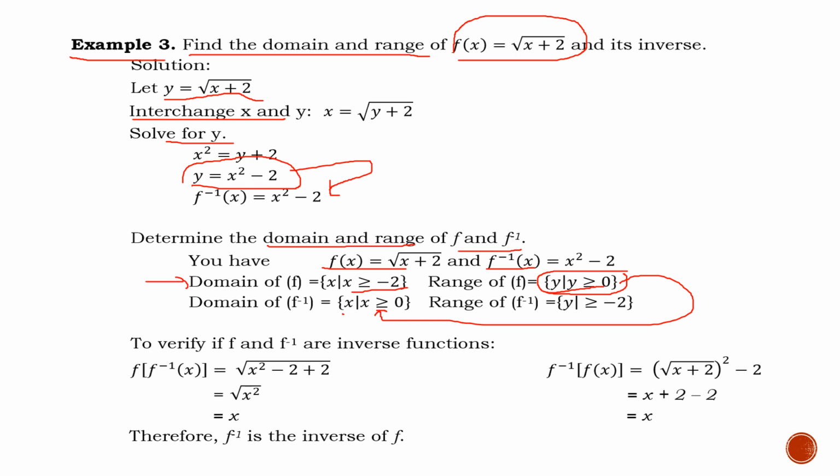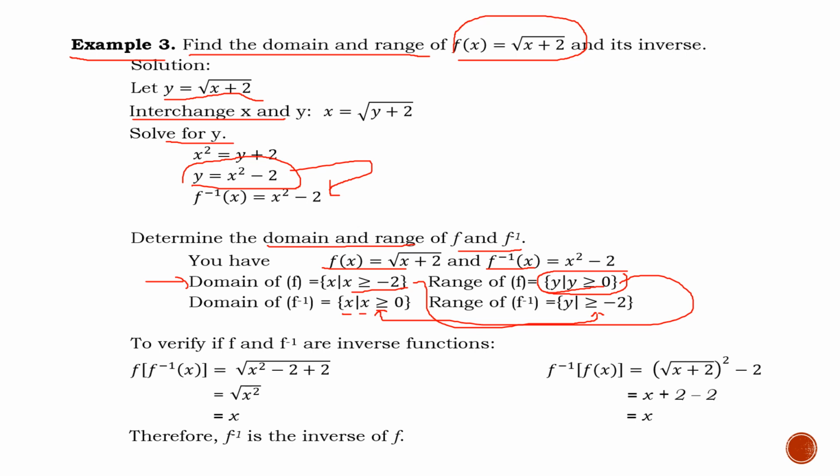That's why x is greater than or equal to 0. It's the same scenario with your range in your original function, and the same thing with your domain in your original function to the range of your inverse function.